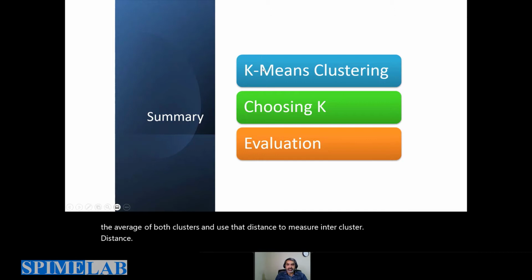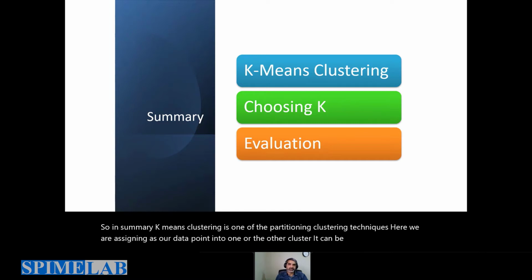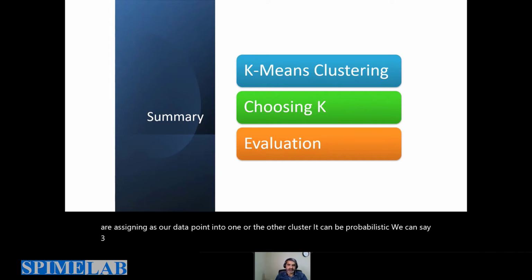So in summary, k-means clustering is one of the partitional clustering techniques. Here we are assigning each data point into one or the other cluster. It can be probabilistic. We can say 0.3 this, 0.7 that. Soft assignment.